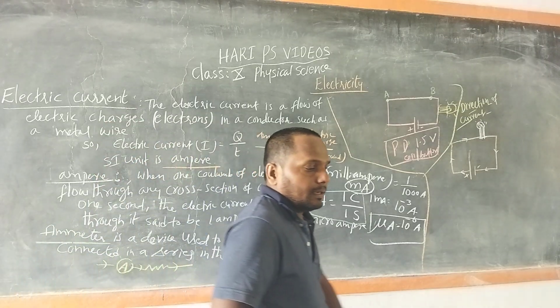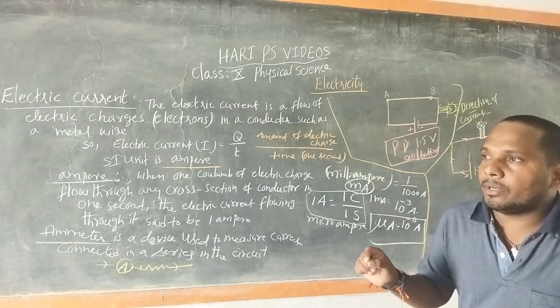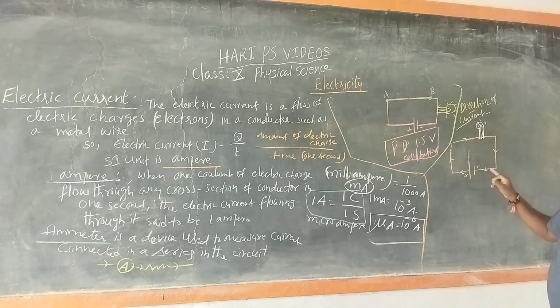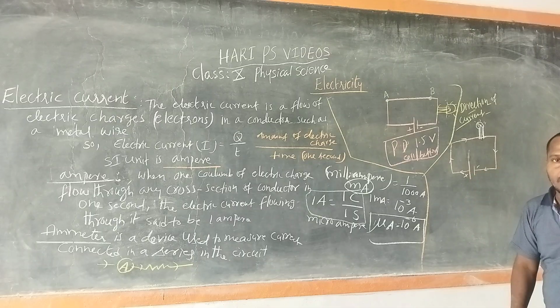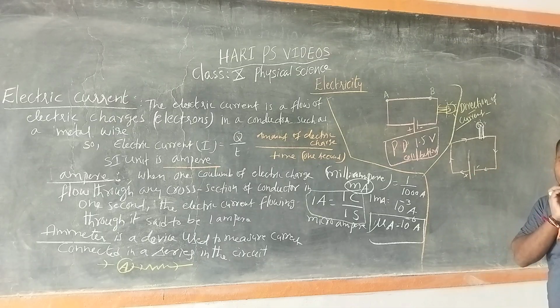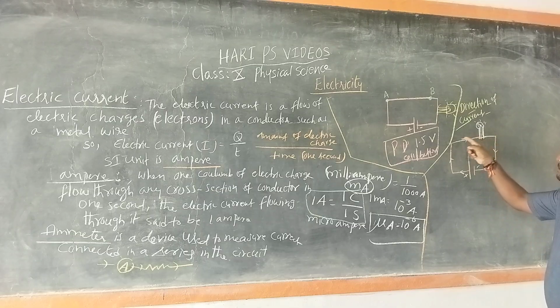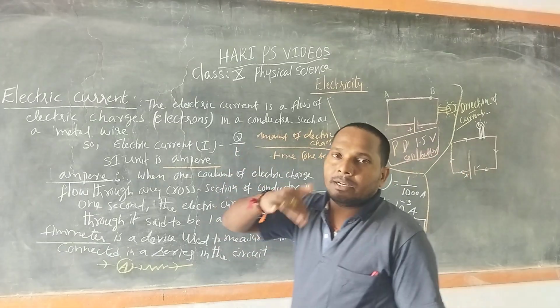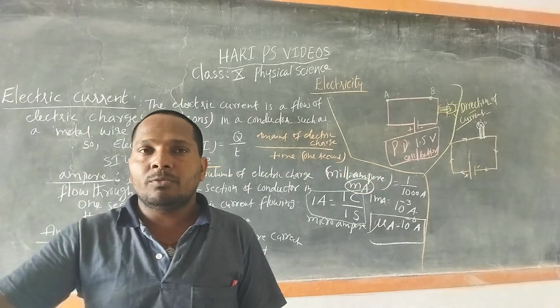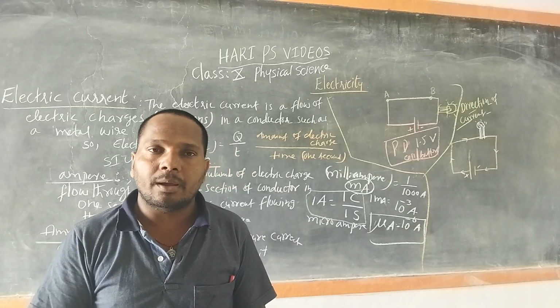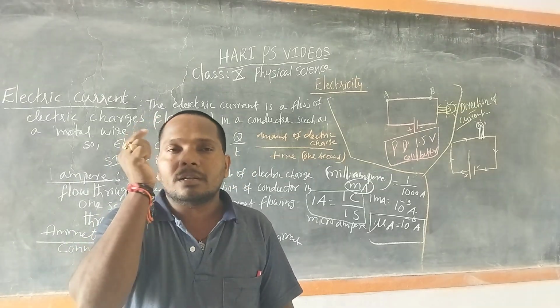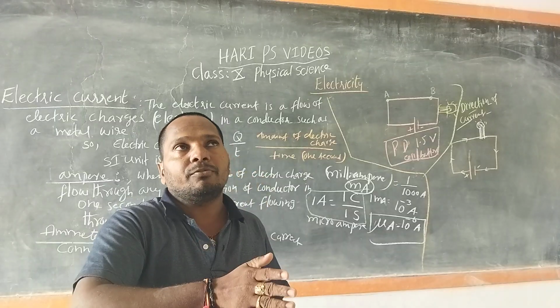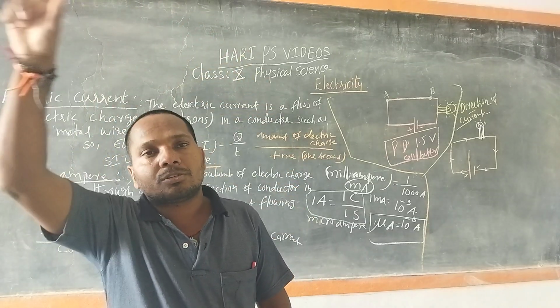Conventionally we consider it from positive to negative, but actually the electrons, which are negatively charged, flow from the negative terminal to the positive terminal, and that is how the current flows. That's why whenever we switch on any electrical appliance, the electrons or negative charges flow from the electrical appliance to the switch.